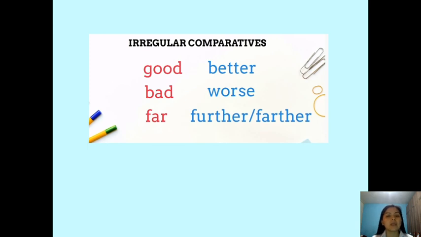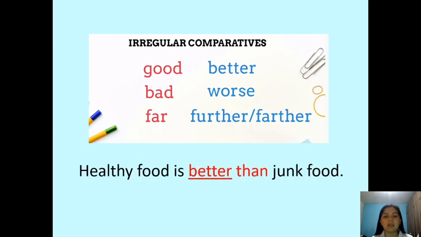For bad, the comparative form is worse. Far, and the comparative form is farther or further, with U or with A. Like the example: healthy food is better than junk food, right?